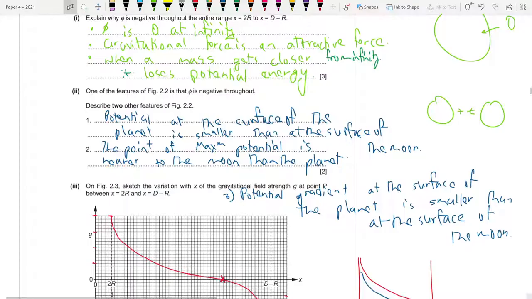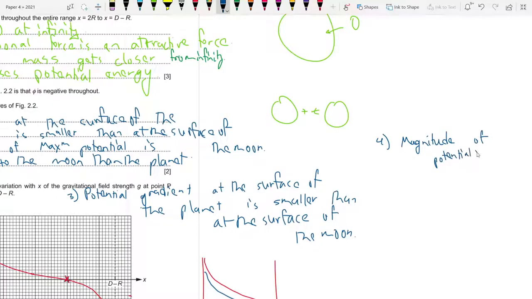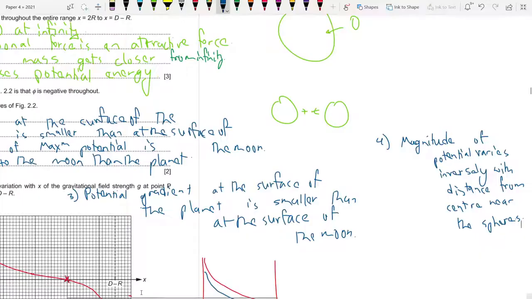Alright. So this is point number 4. This is from the mark scheme: the magnitude of potential varies inversely with distance from center near the spheres.